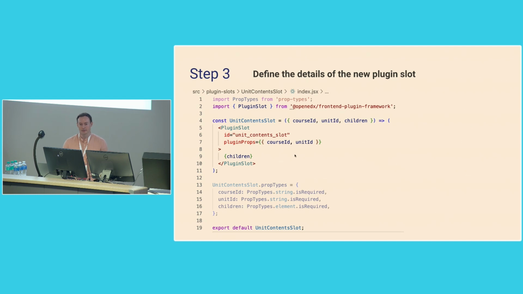This is how we define the API contract for the plugin. So each plugin will get the course ID and the unit ID. They're both strings. And then here in the contents of the plugin slot React component, we're putting the children. That's going to be the default contents, and in this case, it's just the actual contents of the unit. Okay. So this is how we define the new slot.